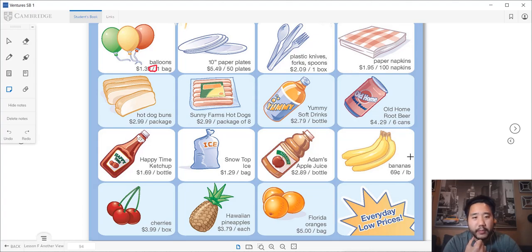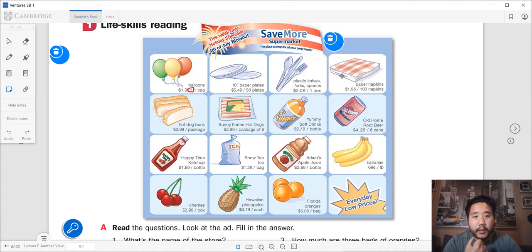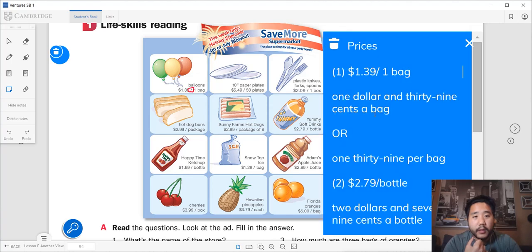And I don't think I need to type this. So going back to this one more time. This symbol, a dollar sign, is where you talk about the dollars, and this is where you talk about the cents, the change that you have.